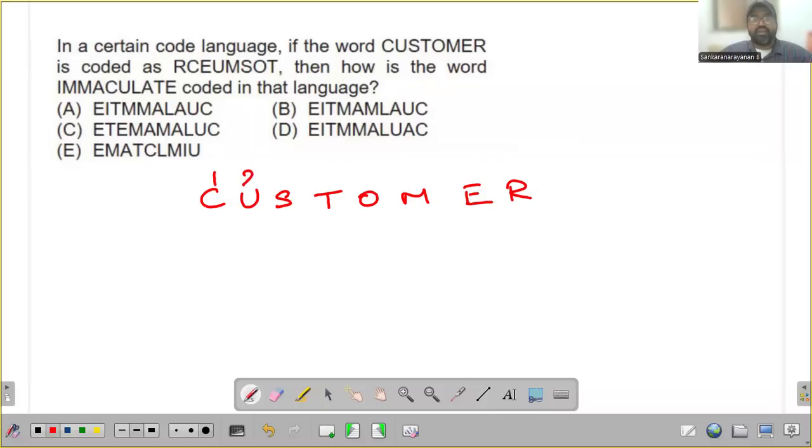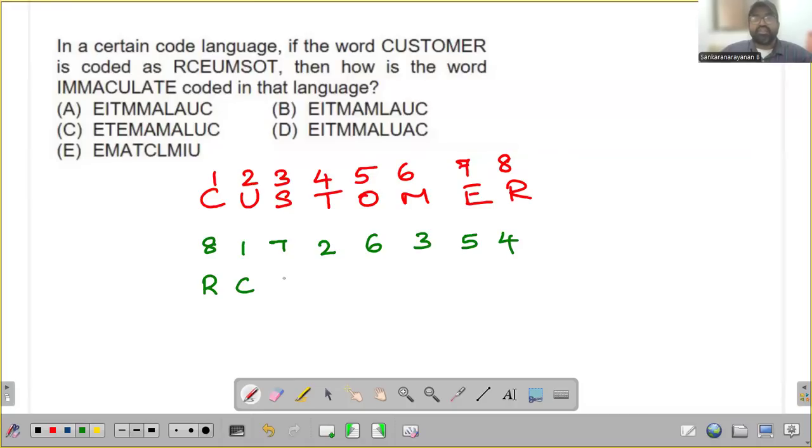If I position them like 1, 2, 3, 4, 5, 6, 7, 8, you can see the logic. In the eighth position we have R. The first position we have C. E is there in the seventh position.